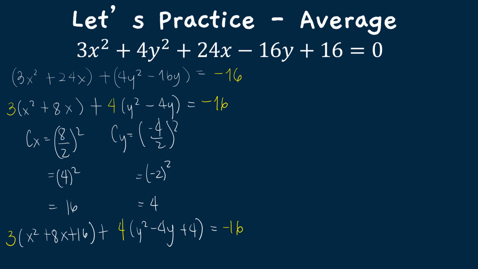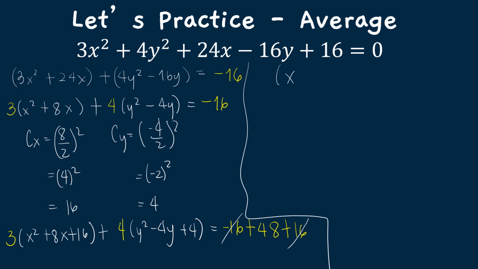So we have 3 and 16, so your answer should be added with 3 times 16, which is equal to 48, and we have 16 also here. As we can see, we can cancel out some terms, such as the 16 here. Then we can factor out our trinomial to a binomial.